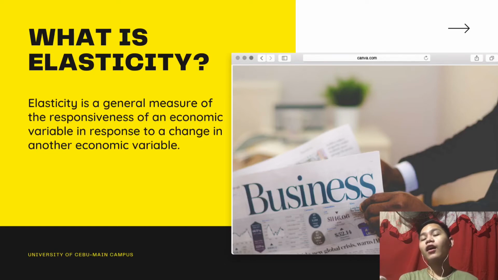The general law of demand states that consumers are likely to reduce their quantities of consumption in case price increases. So elasticity of demand informs people on the direction of change in demand resulting from a change in other factors, but also the magnitude of the change. So that's what elasticity means.